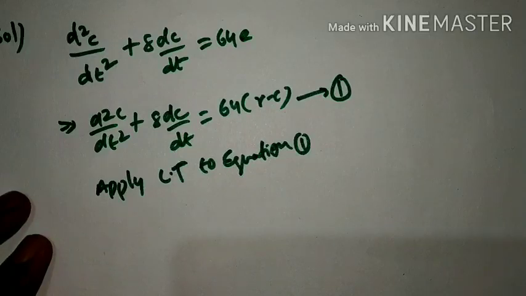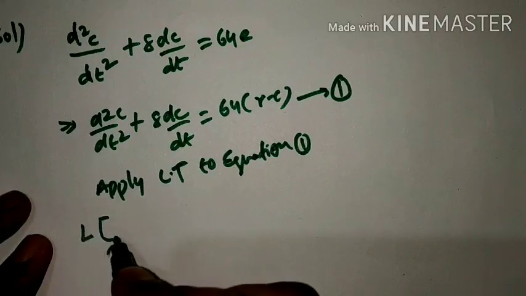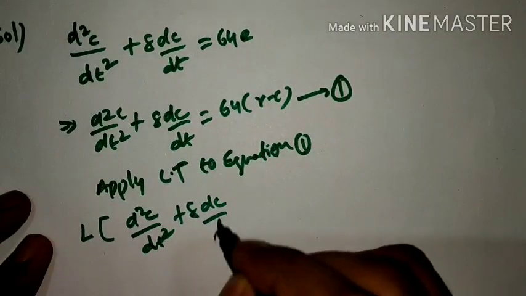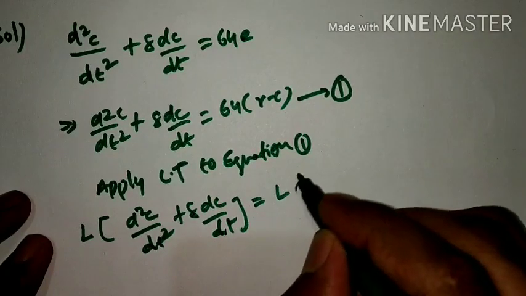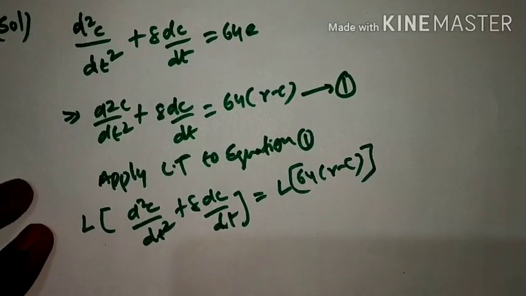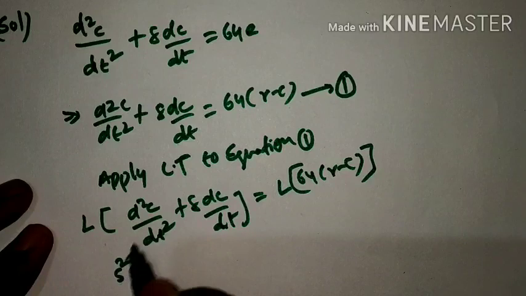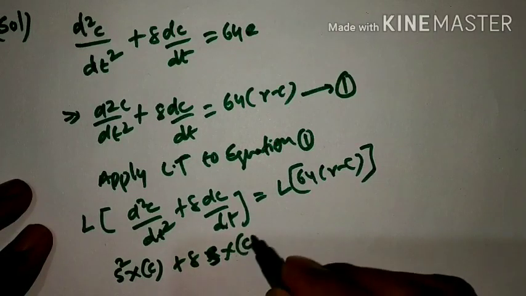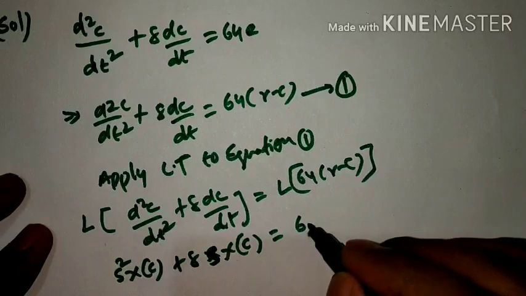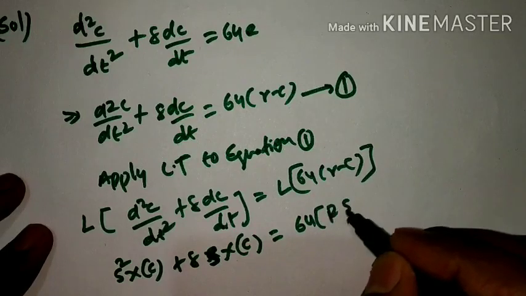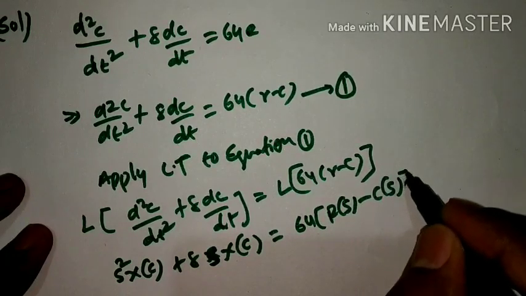So when you apply the Laplace transform to this equation, what do you get? The Laplace transform of d square c by dt square plus 8 dc by dt is equal to 64 times r minus c. So this will be s square C of s plus 8 s C of s is equal to 64 R of s minus C of s.